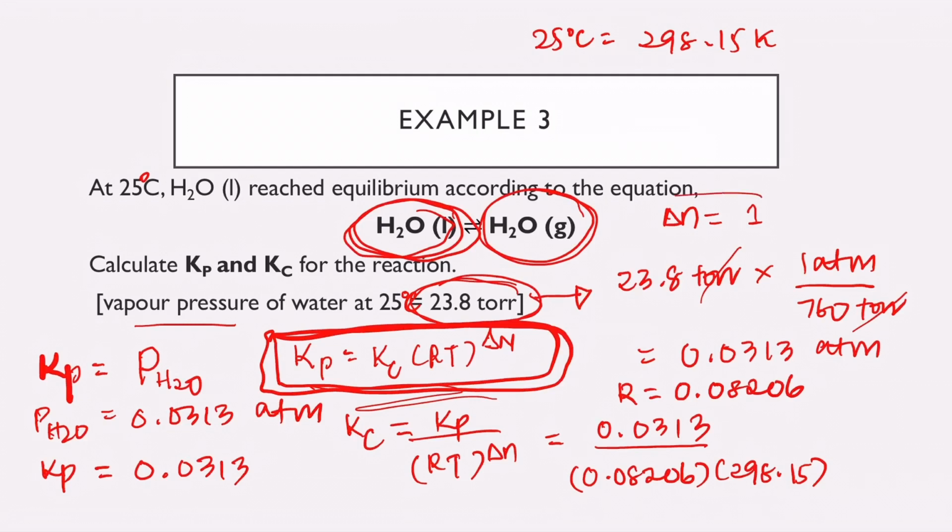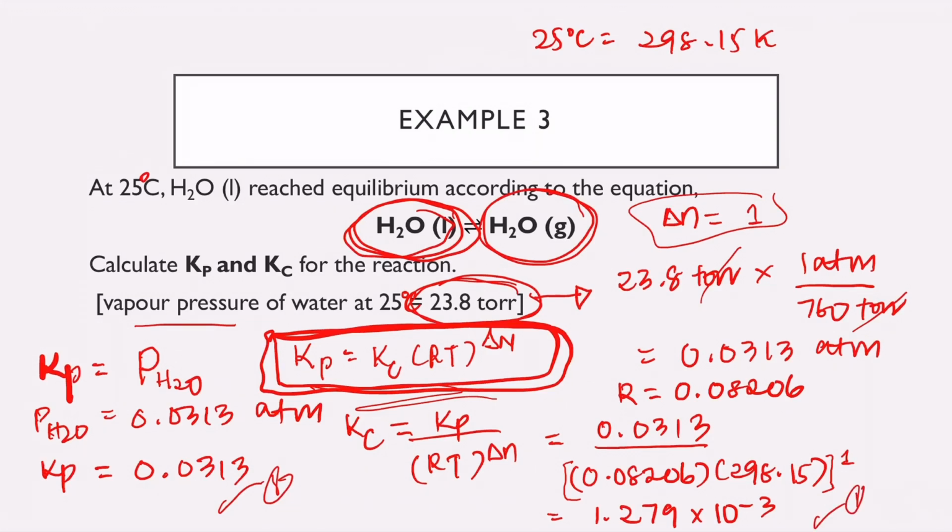So substitute 298.15 Kelvin, and then you have delta N. In other cases, you have to apply the power of 1 to everything, but since it's just 1, it makes no difference. When you calculate that, you will get 1.279 times 10 minus 3. So you get marks for Kp, and then marks for Kc. Make sure there are no units because it's a constant.